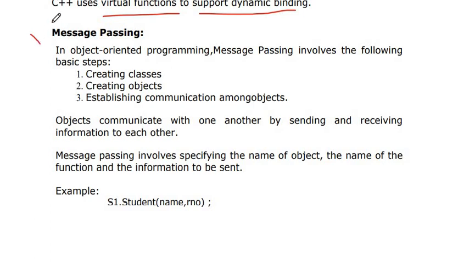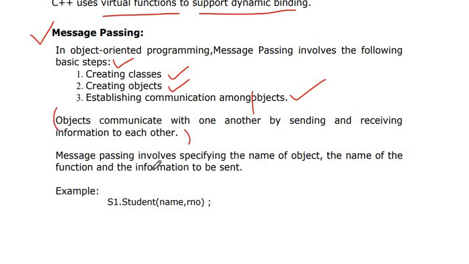Now let us see the last one, that is message passing. In the object-oriented programming, message passing involves following basic steps. They are creating classes, creating objects, and establishing communication among the objects. Now, objects communicate with one another by sending and receiving the information to each other.